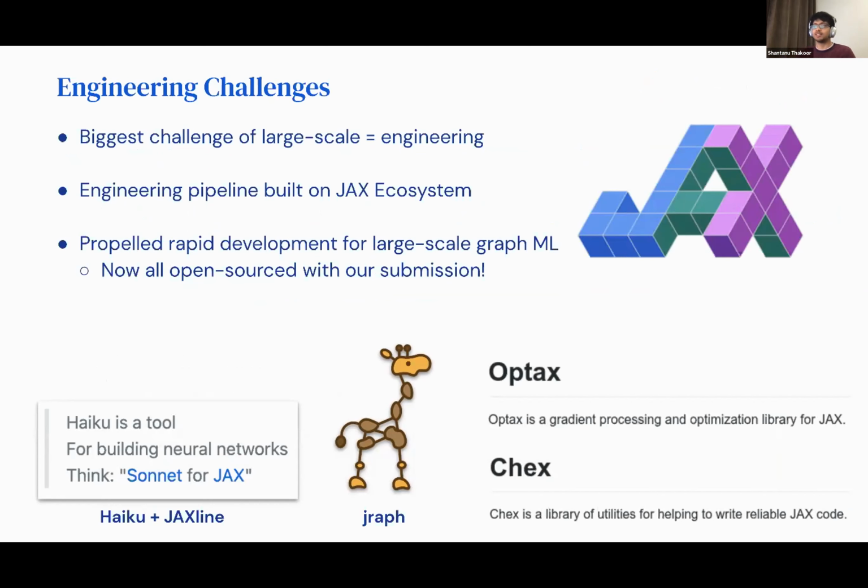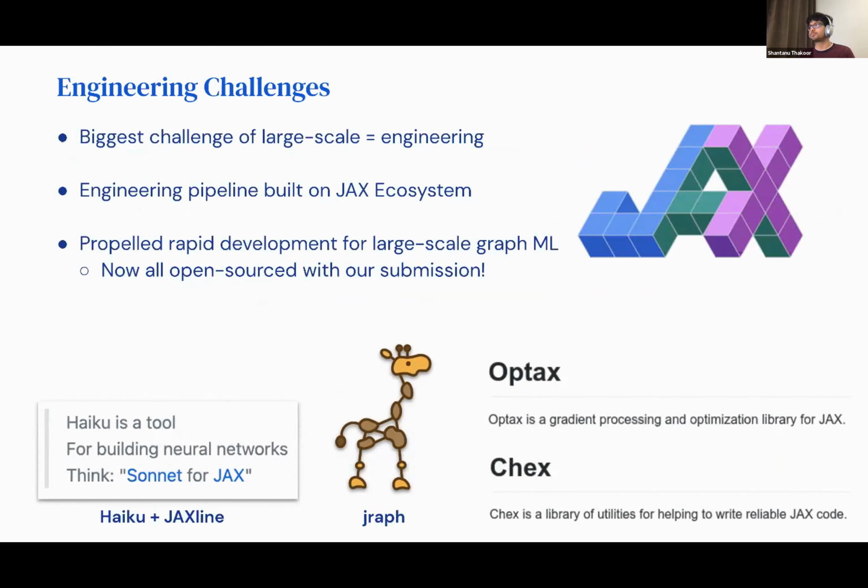I think one of the biggest and most obvious challenges of large scale GraphML is on the engineering side. And there's a lot to say about this. But one thing I'd really like to highlight is that our entire engineering pipeline was built on the JAX ecosystem, as opposed to using the baseline PyTorch code that was provided.